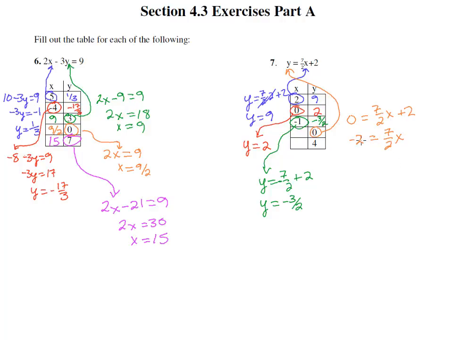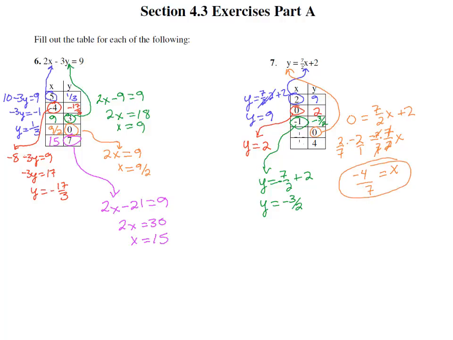And now in order to get this x by itself, we need to divide by 7/2, which is the same as times by 2/7. Times by 2/7. That goes away, and we're left with x equals negative 2 over 1 times these together. 2 times 2 is a negative 4. 7 times 1 is 7.